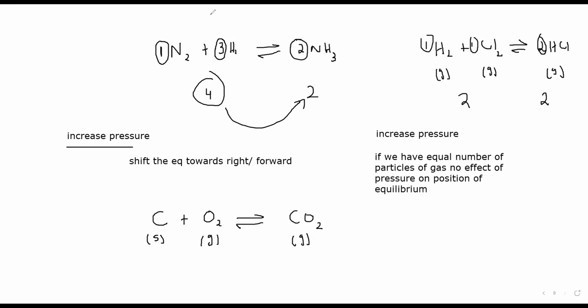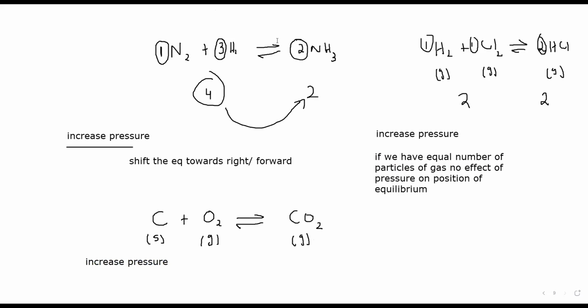I'm increasing the pressure. Where will the equilibrium shift? If I increase the pressure, there will be no effect. Why will there be no effect? Because you always check the gaseous reactant and product.